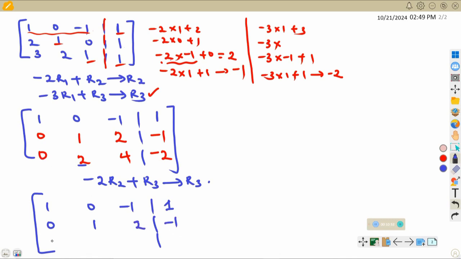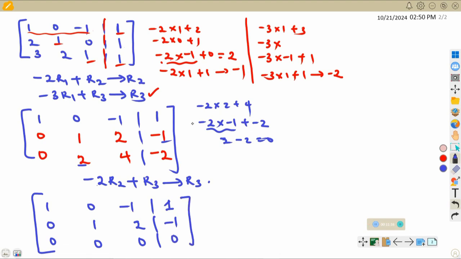Negative 2 times 1 plus 2 will also be 0. Negative 2 times 2 plus 4 will also give us 0. Looking at the next one, we shall have negative 2 times this negative 1 here plus negative 2. This is positive 2 minus 2, which will give us 0. So we shall have a 0 there.